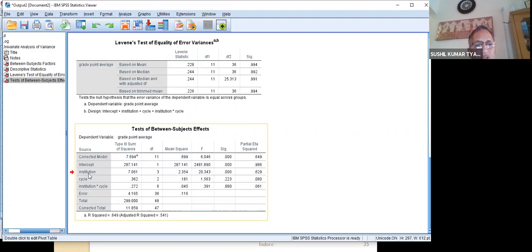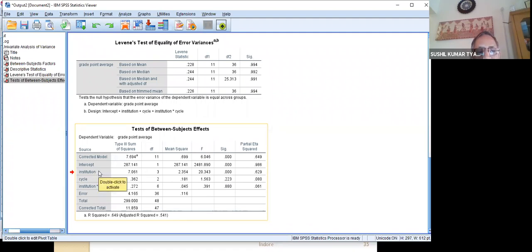So the effect of institution on CGPA is significant because its p value is 0.000. But the second main effect, cycle, is not significant. So whether first cycle or second cycle doesn't make a difference, and there is no interaction between institution and cycle. So we need to follow up the institution.